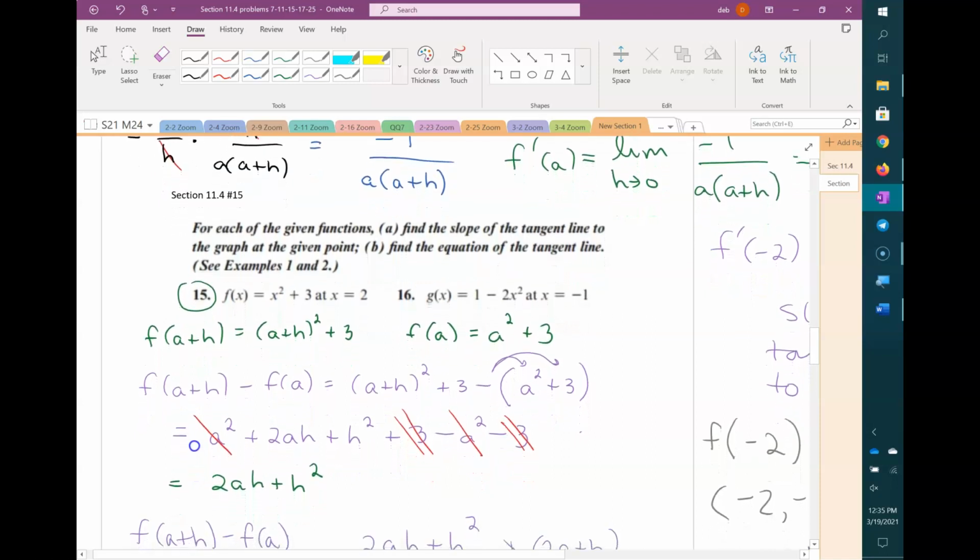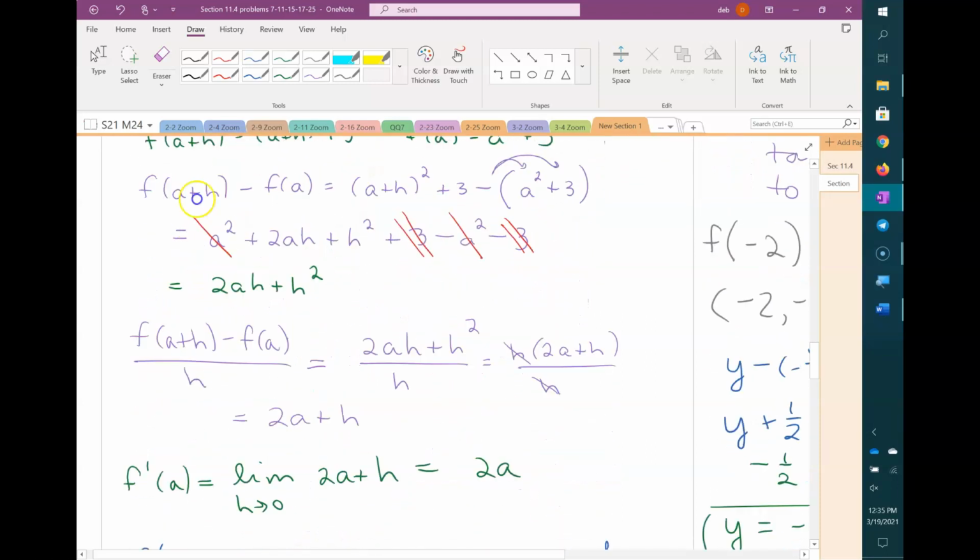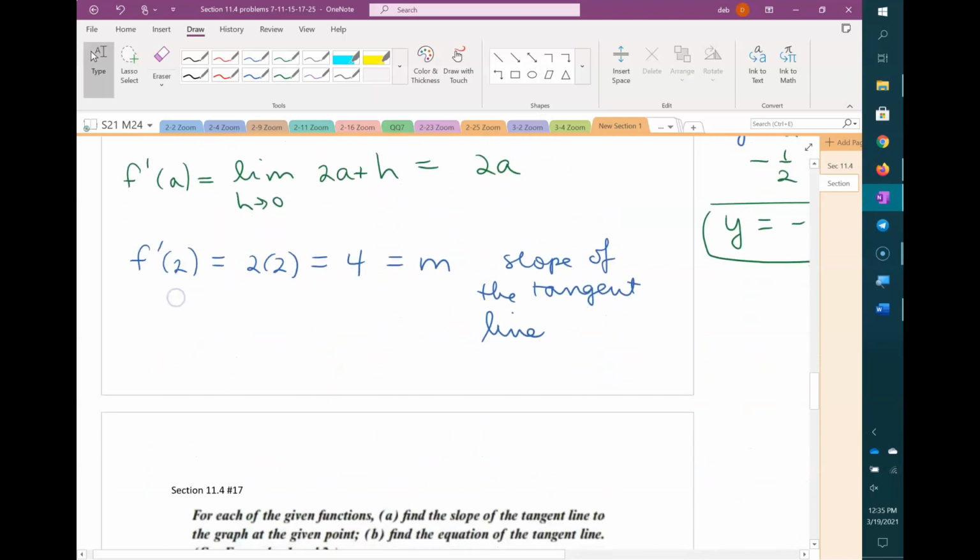Okay, so that's the answer to part A, find the slope of the tangent line to the graph at the given point. Then we want to find the equation of the tangent line at that point. So we're going to find f of 2. That's going to be 2 squared plus 3, or 7. So the point (2, 7) is a point on the graph and on the tangent line. It's the point where they touch.